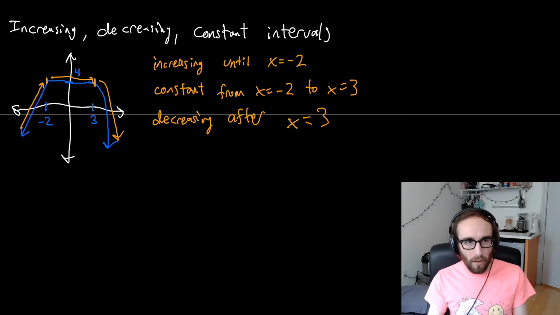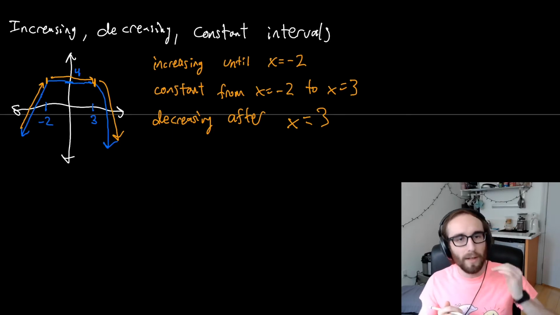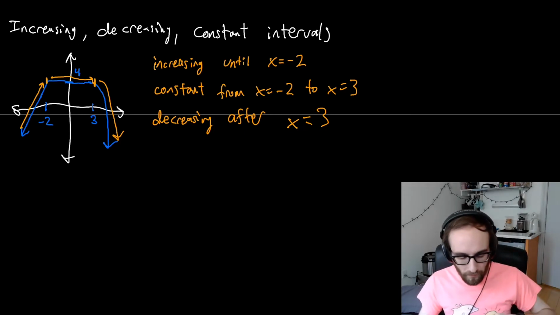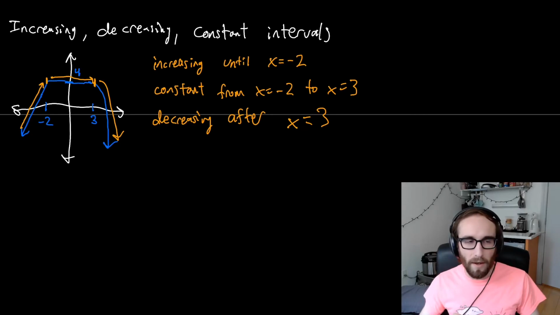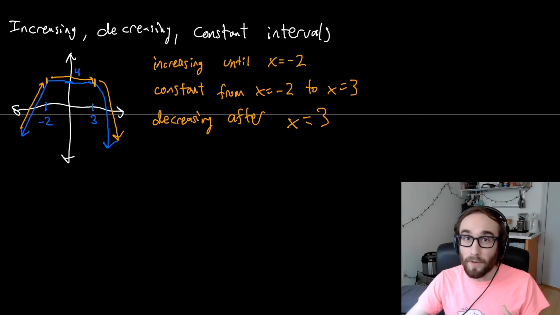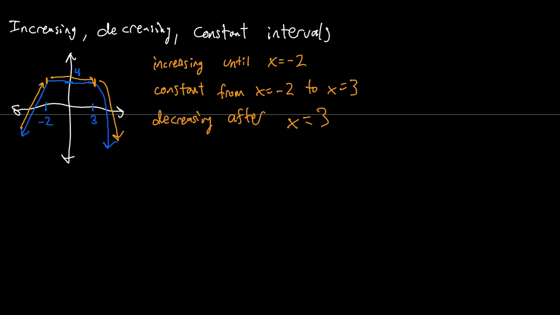Looking at a graph, we can identify pretty easily where it is increasing, constant, and decreasing. Next I want to talk about how we formally define the terms increasing, decreasing, and constant, using our definitions from the book. The definitions might seem a bit wordy at first, but stick with me. We will go through and explain what the different parts of these definitions mean.